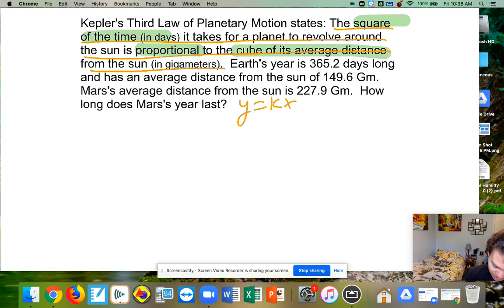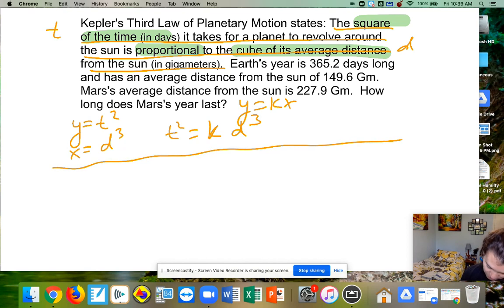So I'm going to use t and d for time and distance, but it's up to you what variable you want to use. You don't have to use the same thing. So our y is the square of the time in days, so t squared, and our x is the cube of the average distance, so d cubed. So your equation would be t squared equals k d cubed. And that's the first step.